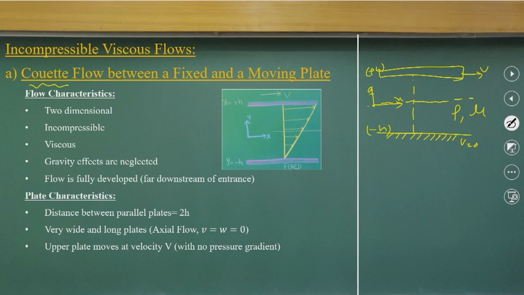That is my point. What are the things we are neglecting which are justified for us? When you talk about horizontal plate movement, we need not take gravity into account, so we can neglect the gravity component.